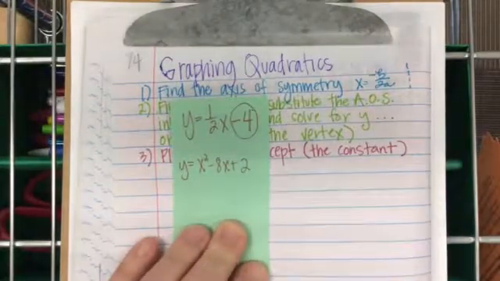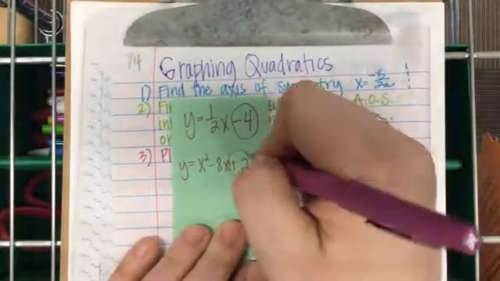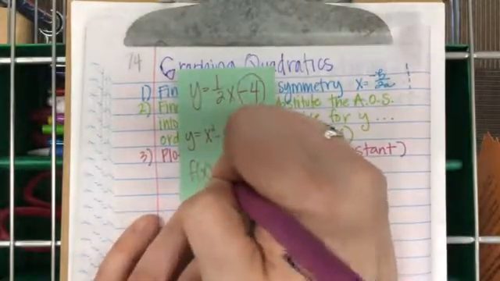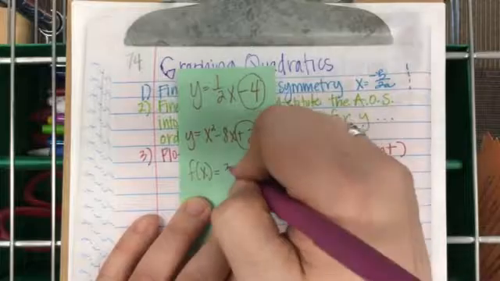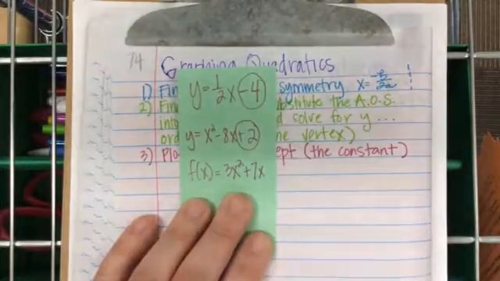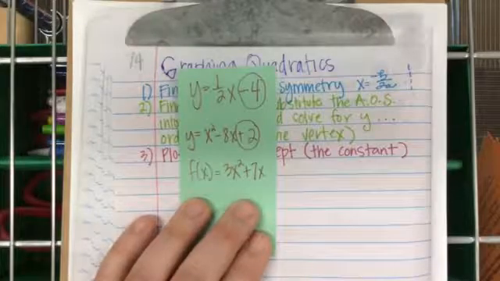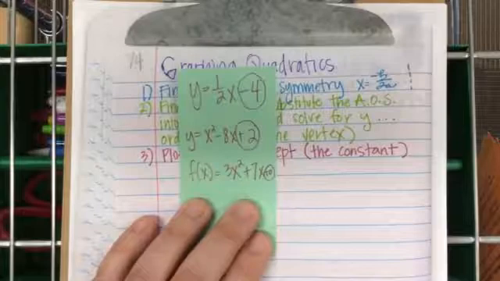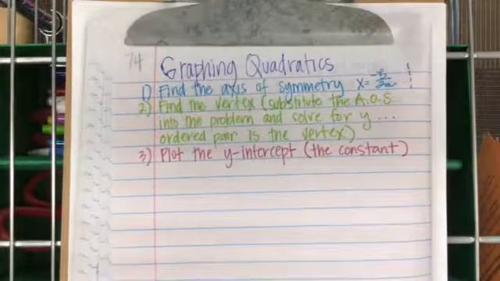What's the y-intercept? Plus 2. In the quadratic, 3x squared plus 7x, what's the intercept? The constant is your y-intercept.